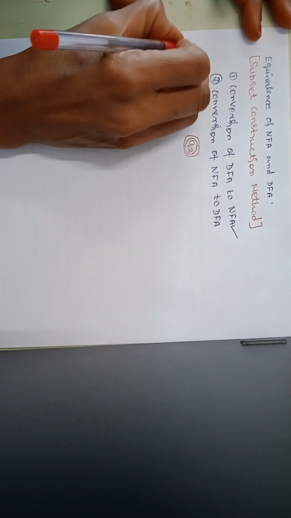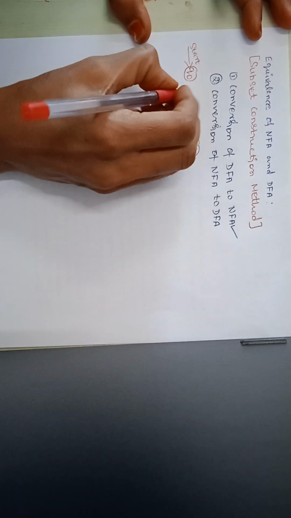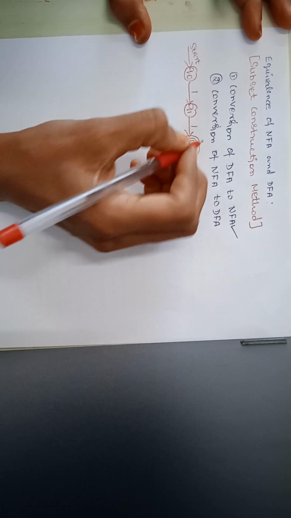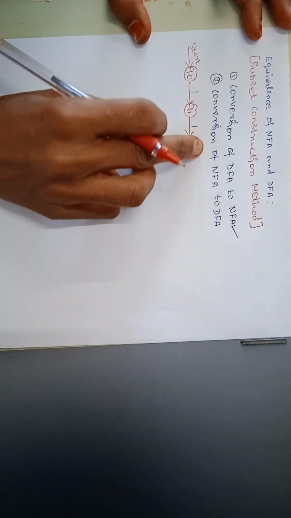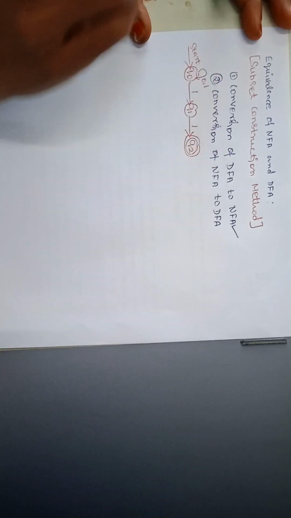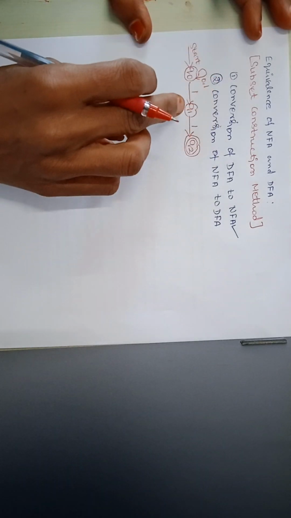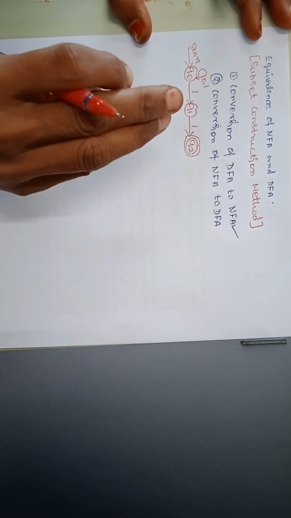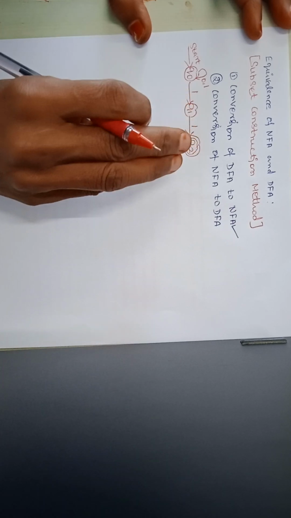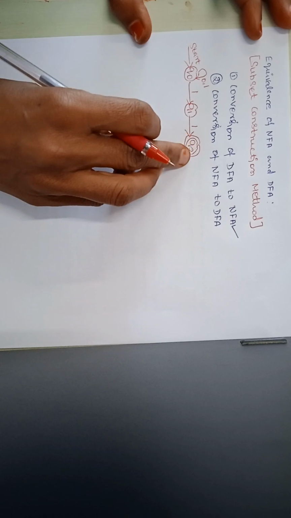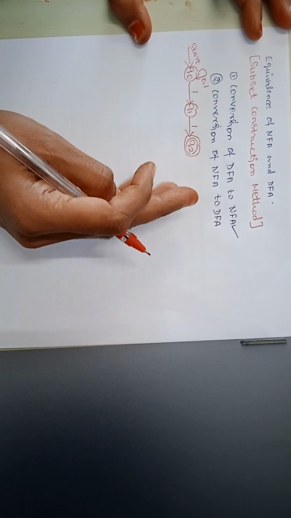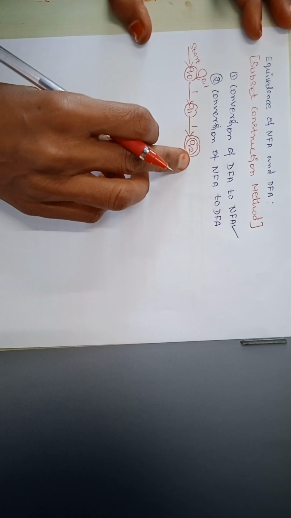Q0 is the starting state. Q2 is the final state, so I put a double circle. The transitions are 0, 1. This NFA accepts all strings ending with 1 1. By this NFA we are going to construct the DFA using the subset construction method.